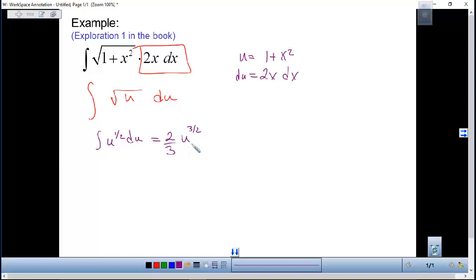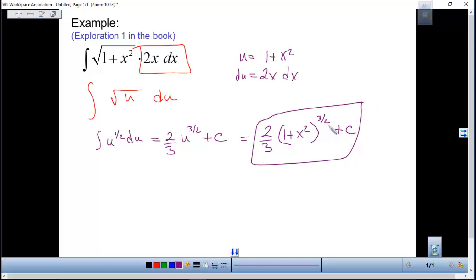So I get 2/3 u to the 3/2 plus c. And then I can go back and plug in my u. So you're going to have 2/3 (1 plus x squared) to the 3/2 plus c. See, not that big a deal.